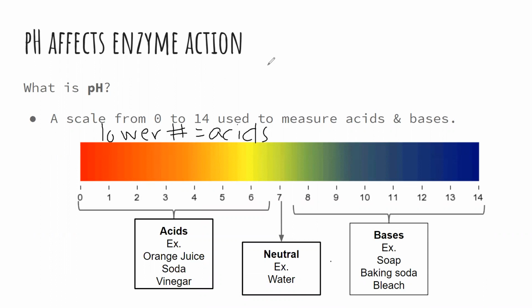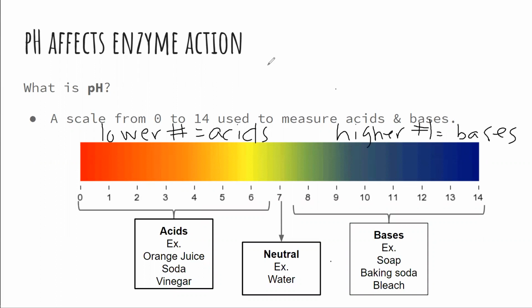I used to think that bleach was an acid, but it's actually a base. And baking soda is actually basic. So the higher numbers are bases. Okay.